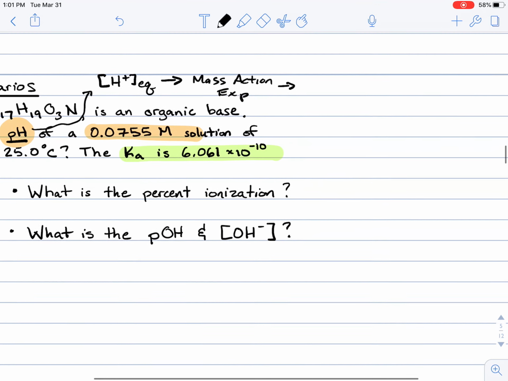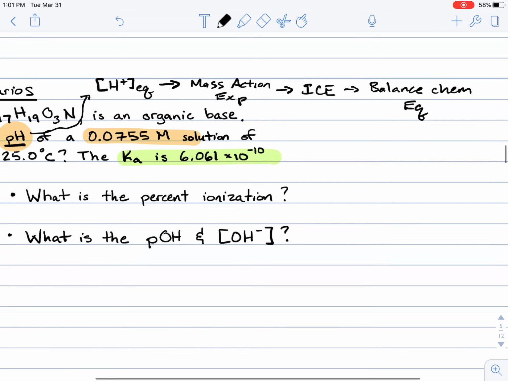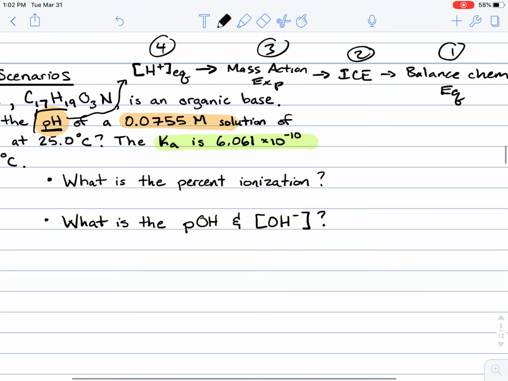And for us to develop the mass action expression, we need 2 other items. We need the ice table, and we need a balanced chemical equation. Okay, so this is our general solution map. And what we're going to do is we're going to work backwards. So we need to do this first, do this second, do this third, do this fourth, before we can figure out the pH of the solution.